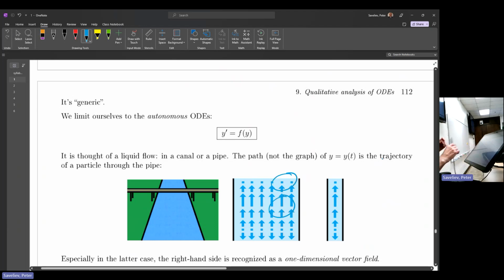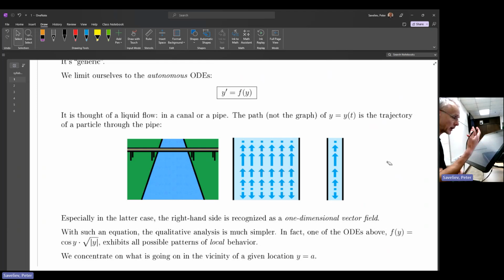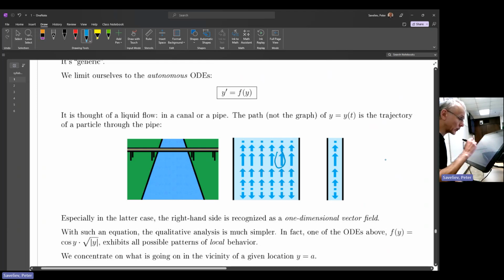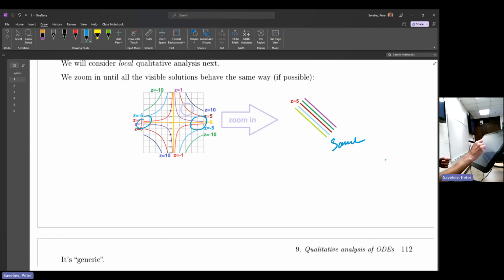If there is a stationary solution, then in its vicinity the behavior might vary. If I pick one generic solution and look at the vicinity of that arrow, you will see exactly the same arrows. If you zoom in on one generic solution, the vicinity is all generic.